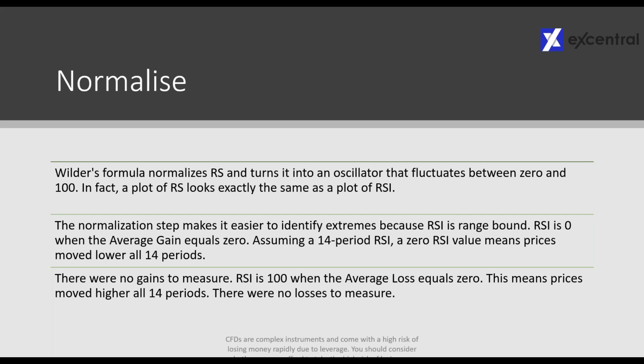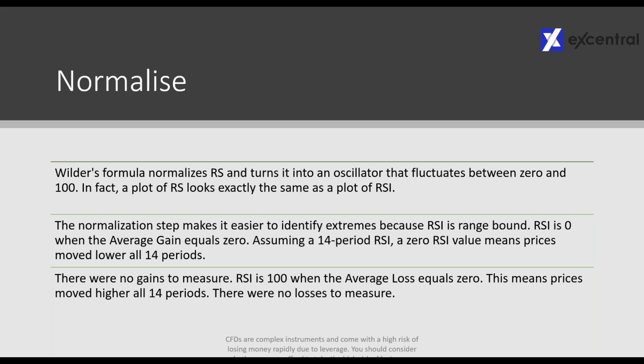Since we're going to take the gains and the losses and relate them to each other, if one of them is 0, what will be the outcome of your indicator? It's always going to be 0. So RSI is 0 when the average gains equal 0.